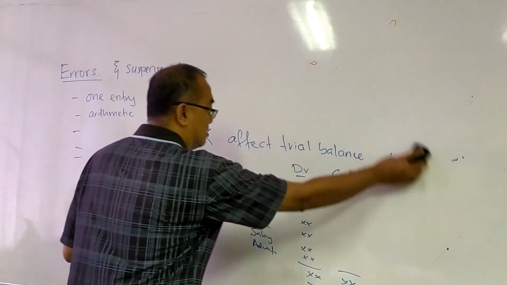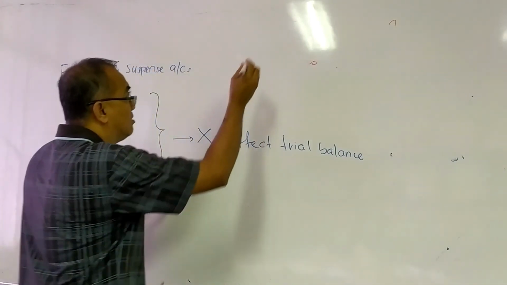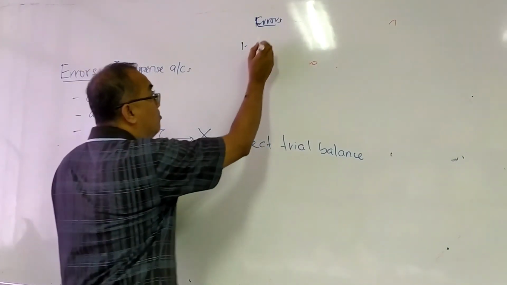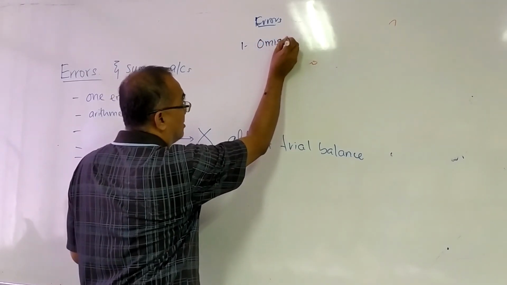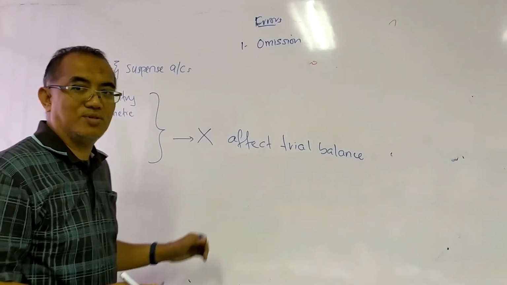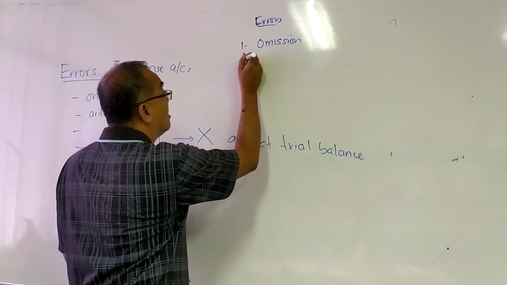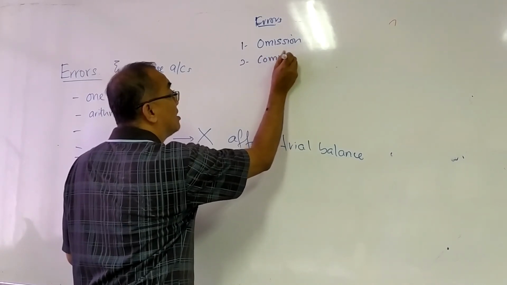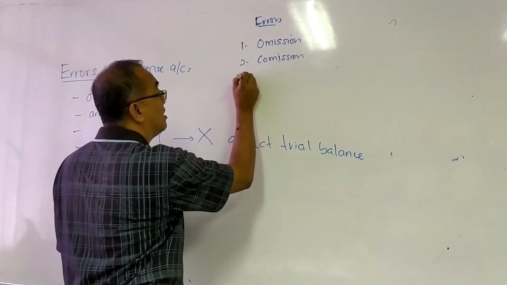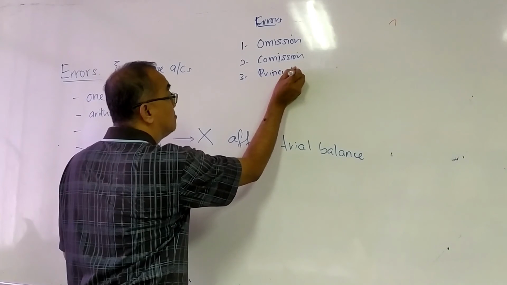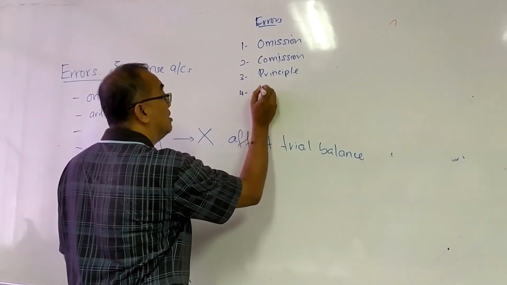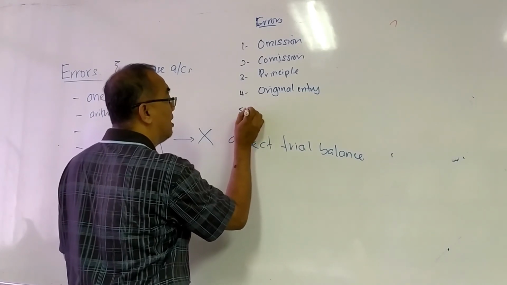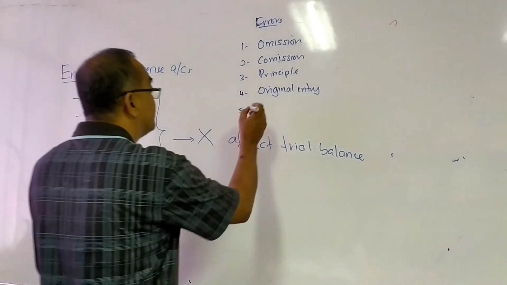So there are errors that do not affect the trial balance. Number one is error of omission. How to spell omission? Okay. Error of omission, number two, error of commission. I'll just spell commission. Number three, error of principle. Number four, error of original entry. Number five, complete reversal.